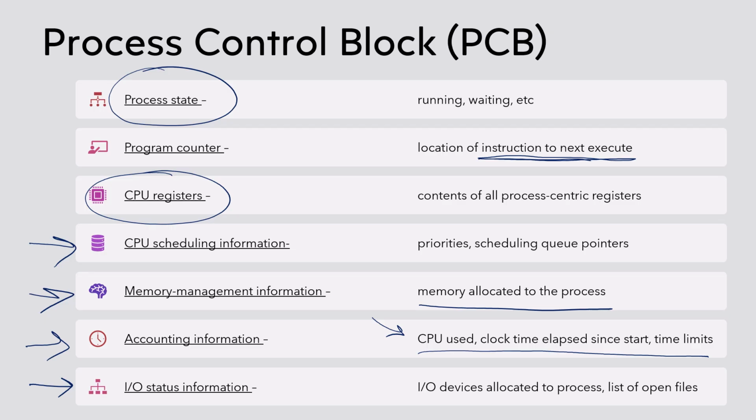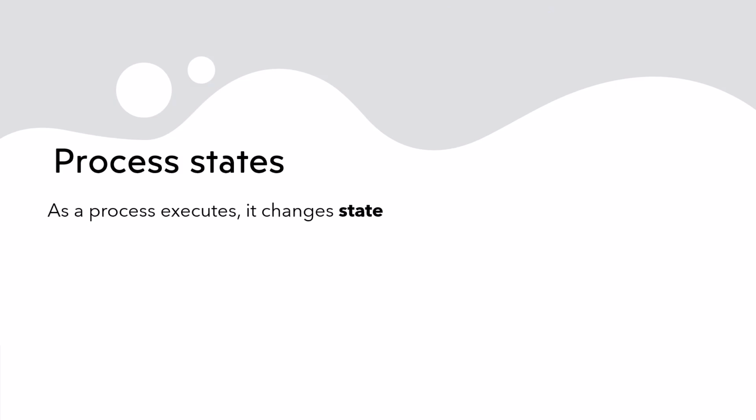Again, for specific tasks, there might be some additional information that needs to be kept in the process control block. The process control block is a data structure that each operating system keeps for each active process in your system, so it can keep track of all of the active processes.